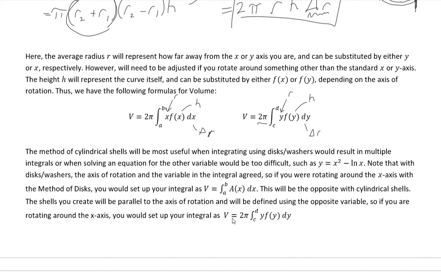A couple things you are going to have to notice is that since the radius r is how far along or away from the x or y axis you are, which you're using y or x to represent that, you will need to adjust that if you are rotating around something other than the standard x or y axis. We had that before as well, where we needed to subtract appropriately inside of the radius before I squared it in order to adjust for rotating around a different axis.